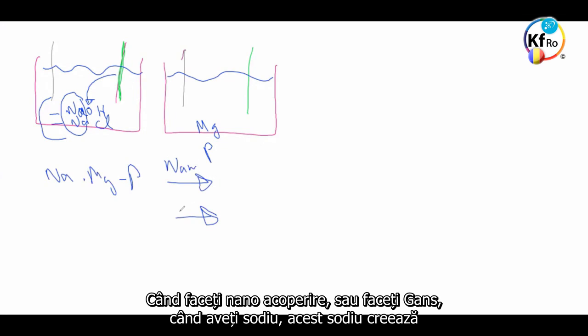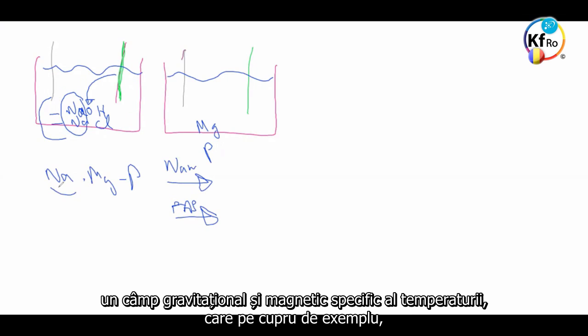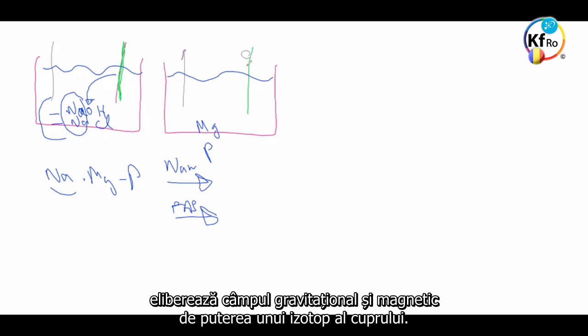When you nano coat and when you make GaNs, when you have the sodium, that sodium creates a specific temperature gravitational magnetic field that on the copper, for example, you release the gravitational magnetic field strength of a given strength isotope of the copper.